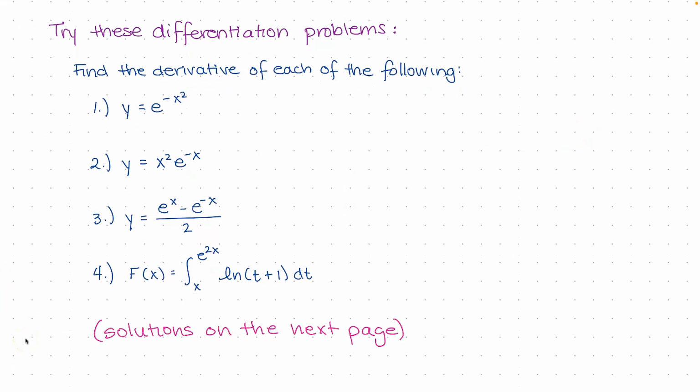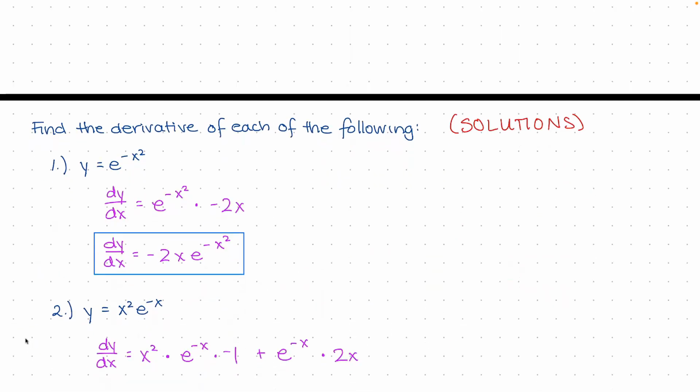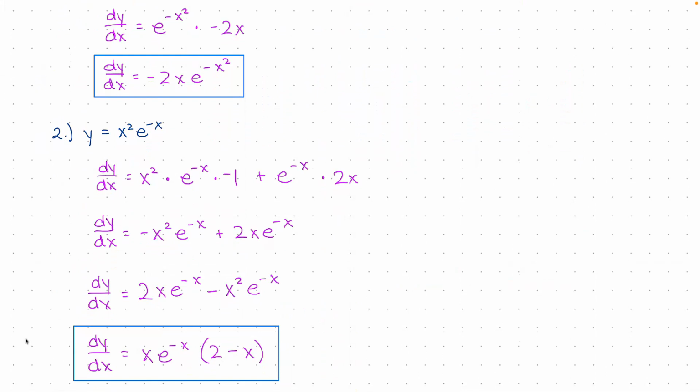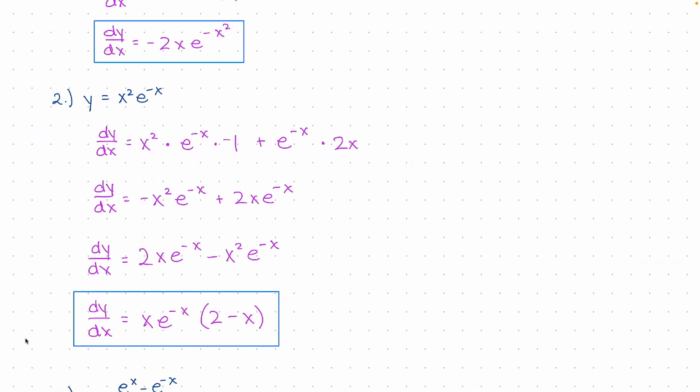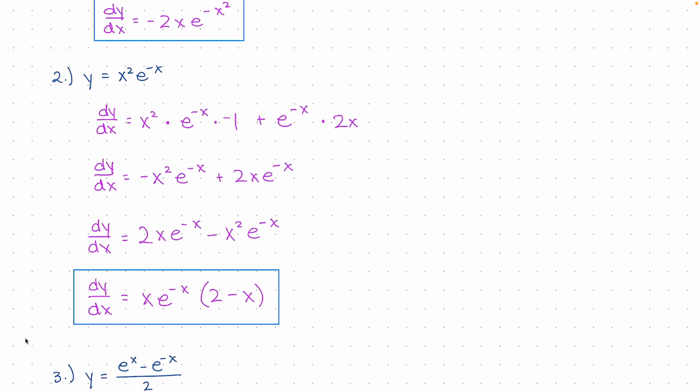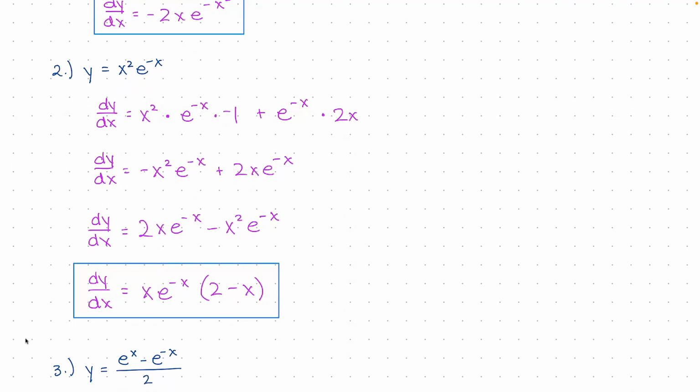All right, it's 8:35. Are we ready? So we already did number 1. There's number 1. Here's number 2. So product rule.